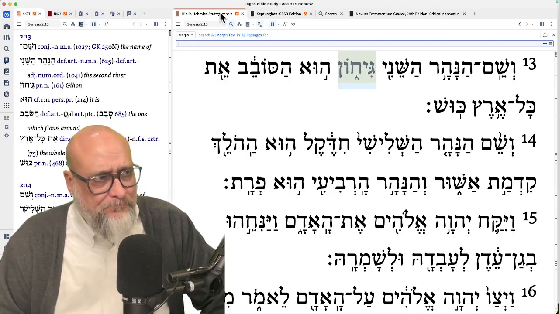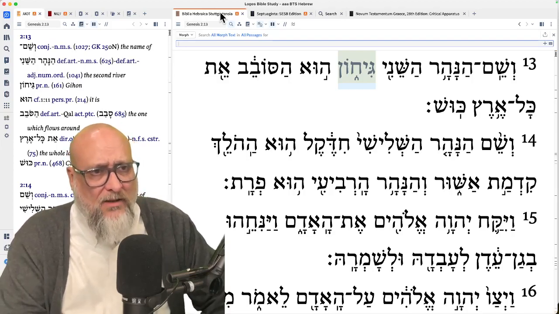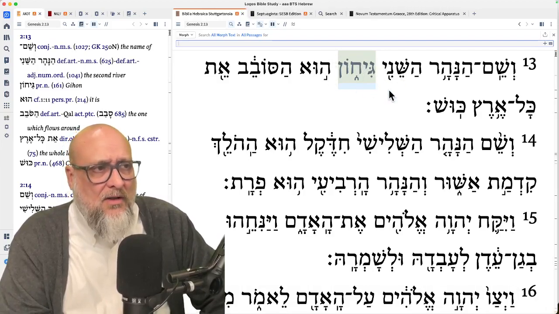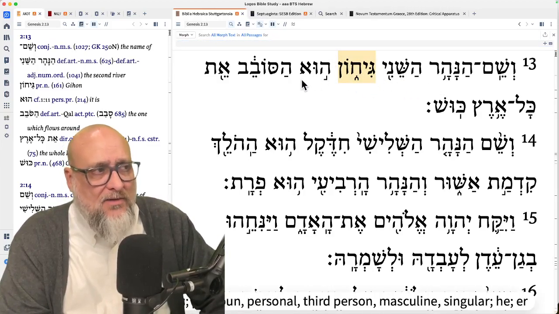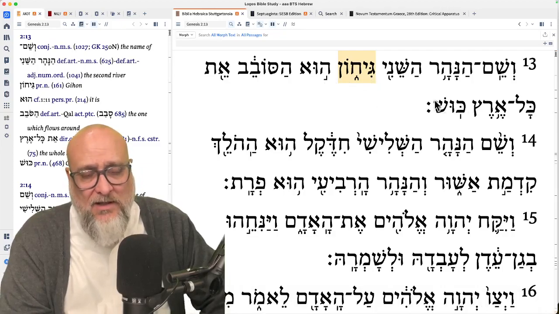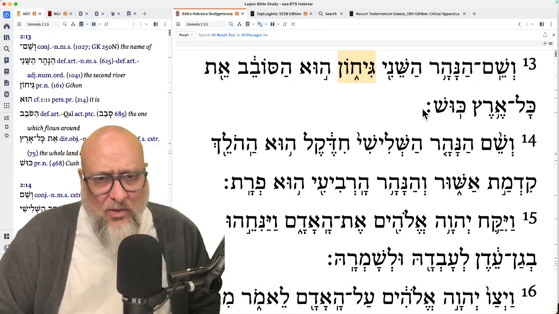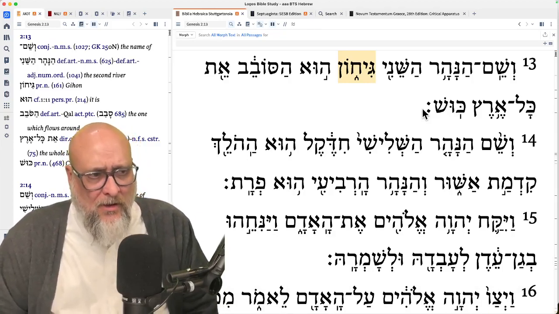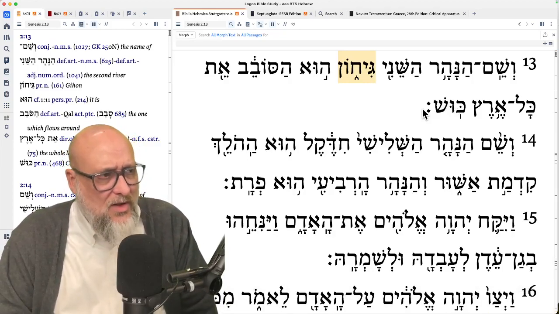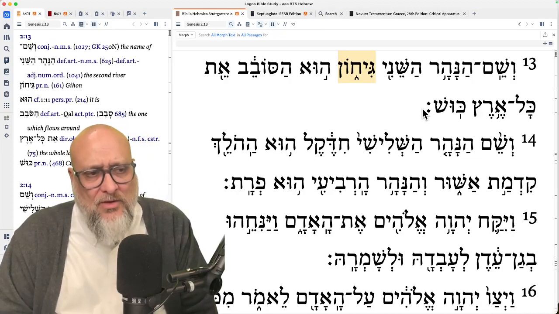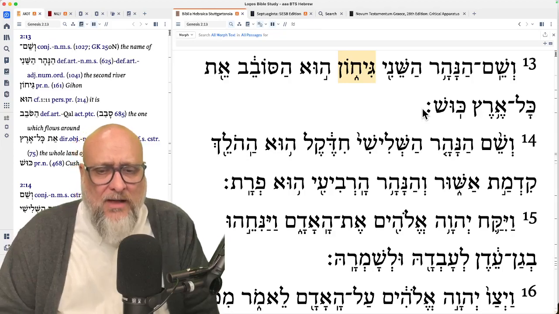And so all that plays into the idea that this second river seems like it's talking about the river of Egypt, the Nile. And of course, the Nile flows from south to north, and we are looking for a river north to south. And so it seems like maybe there's going to be some kind of change in geography.